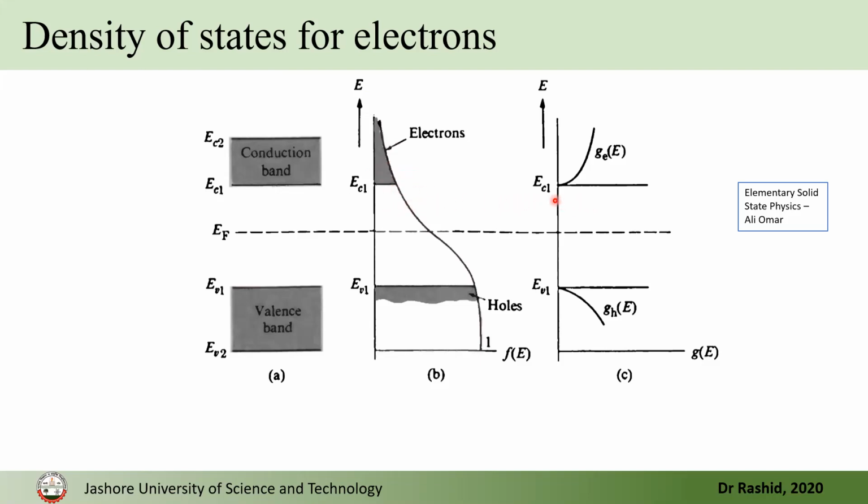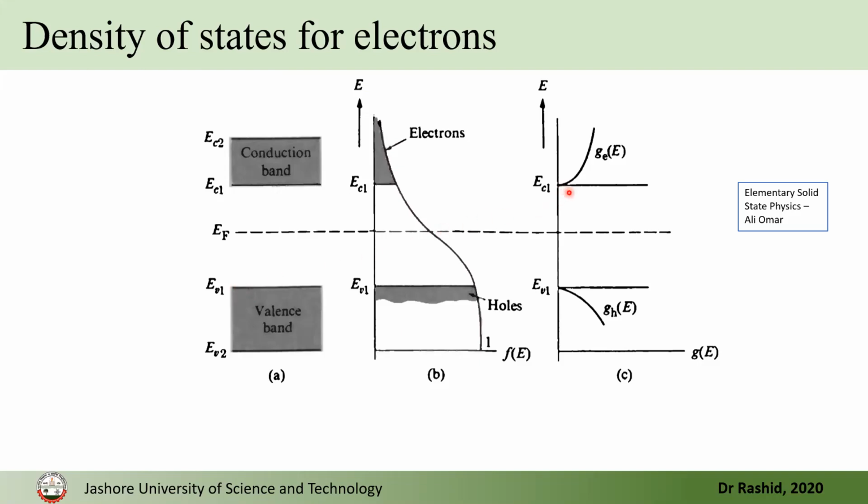So we assume that the bottom of the conduction band has the energy EC1, and the top of the conduction band has energy EC2. Same as in the valence band, the bottom has EV2 and the top has EV1.